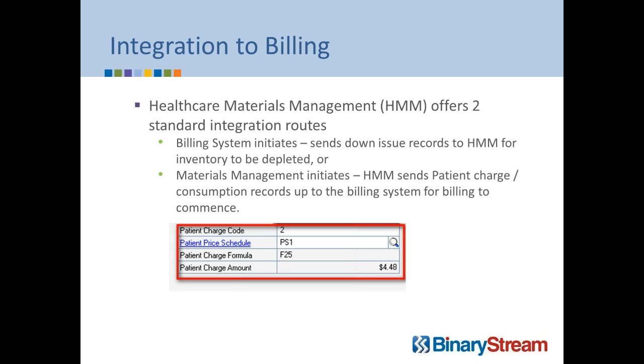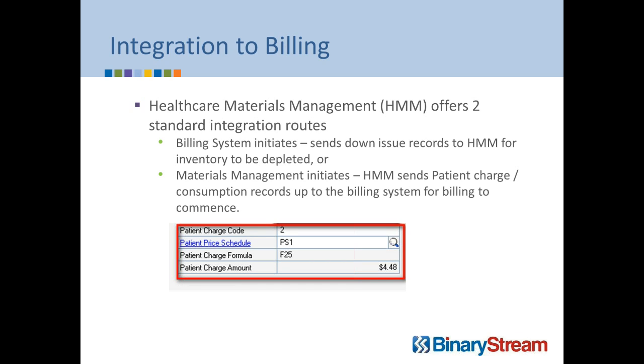Now, in either of these cases, both of these systems need different bits of information from the other system. So if the billing system is sending down to Binary Stream, the billing system's got to know what our item numbers look like, right? And has to know what our decrement transactions look like. On the other hand, when materials management sends up to the billing system, it has to know what the patient number is, might have to know, again, the item number and the actual charges and such that are going to be applied.